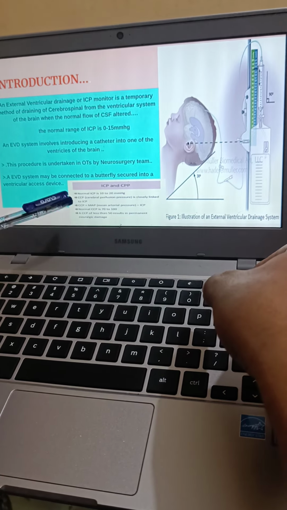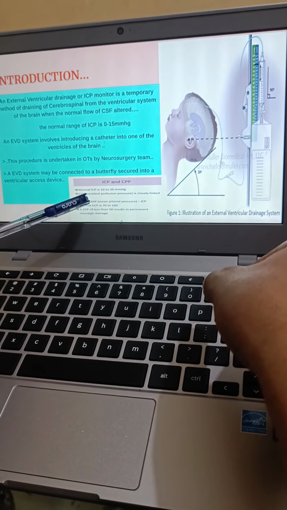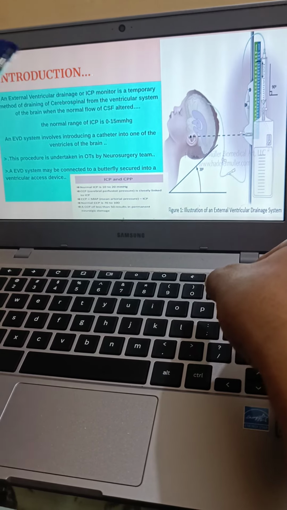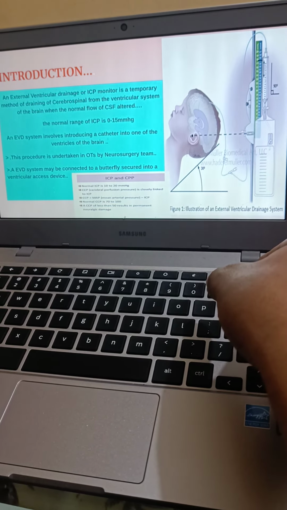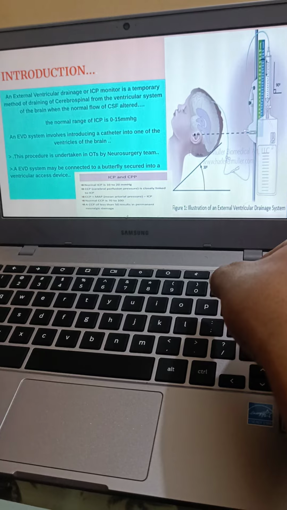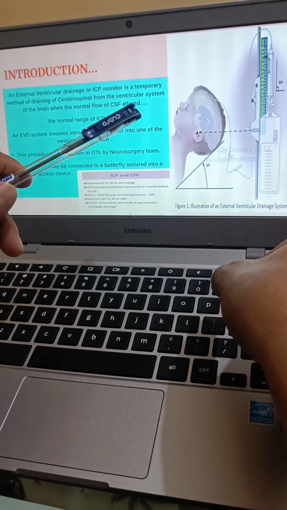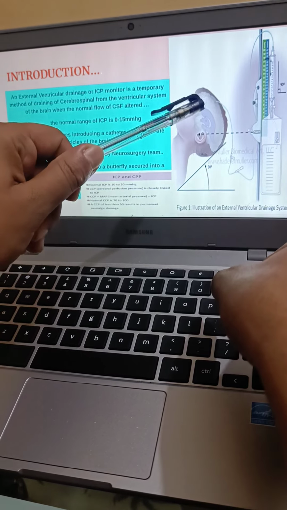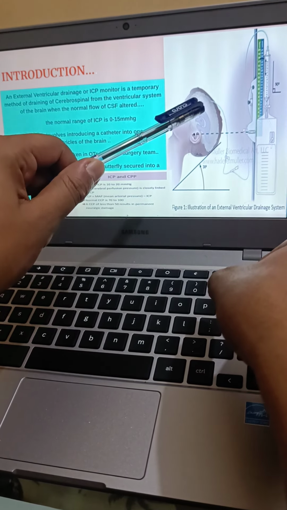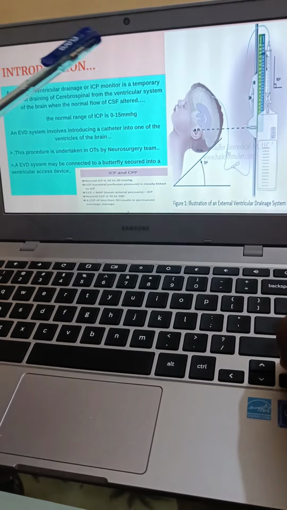Again, if MAP is less than 65, it will cause depletion of circulation inside the brain, and again it will cause brain ischemia, whatever cerebral ischemia. That's why we need to keep it in range.